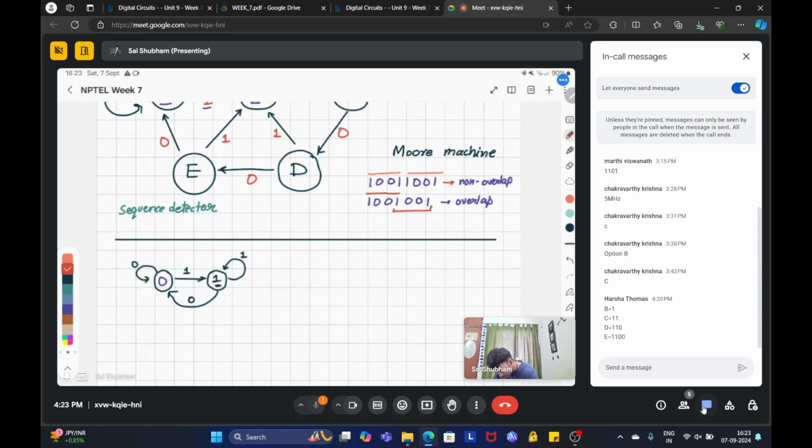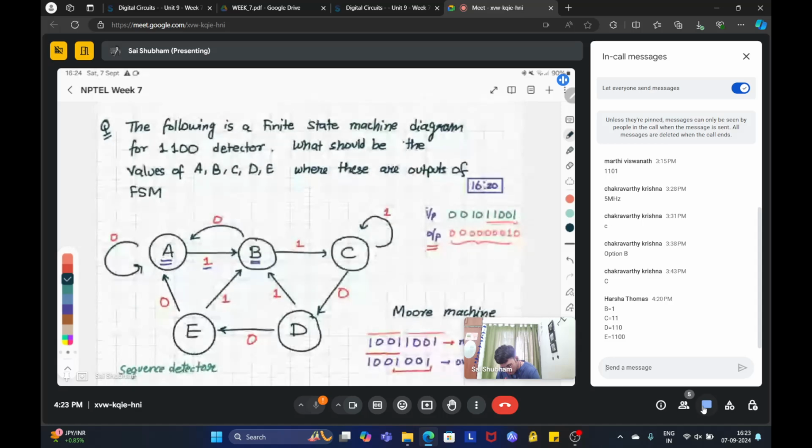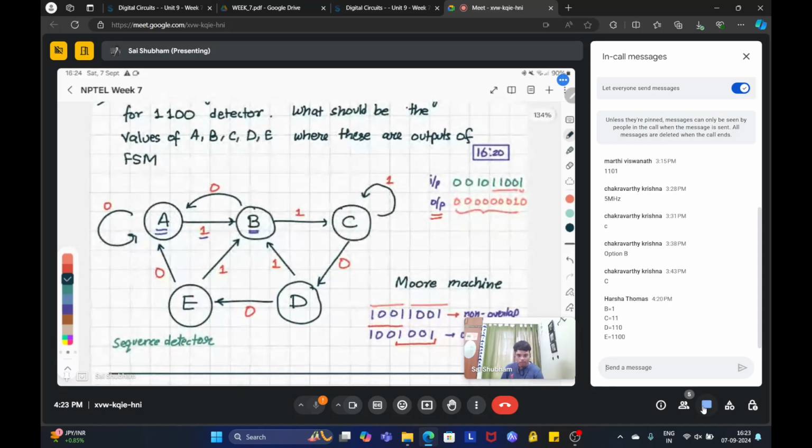Suppose this is A and this is B. The value of this state is 0 and the value of this state is 1. This is a very simplified example, a 1 detector. Similar to this, you have to figure out the value of ABCDE.